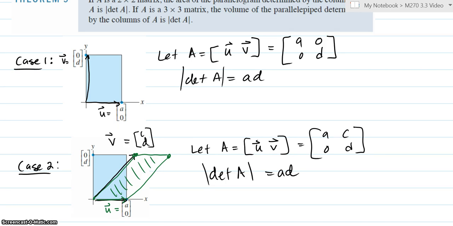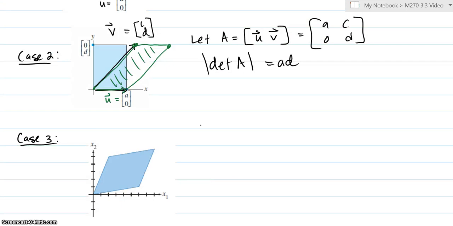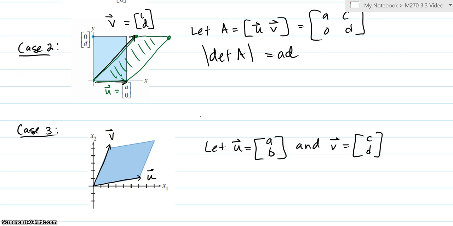So let's do the general case. What if your U is not on the x1 axis, or the x-axis? Say this is our U and this is our V. So let's just in general let U be AB and let V be CD.